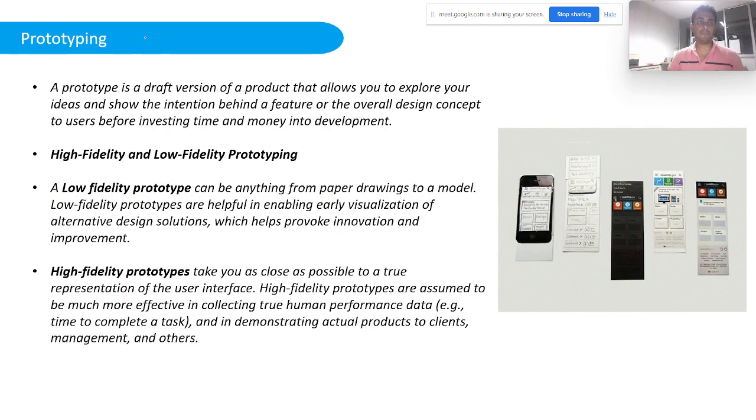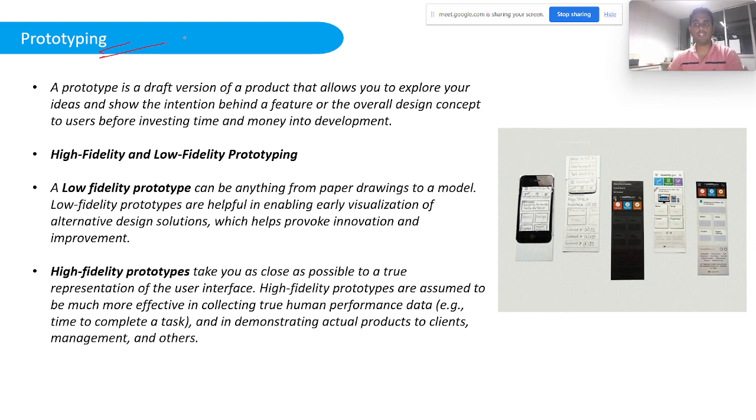Next is prototyping. Now prototyping is again the next level where you try to see whether your solution is actually viable, whether your solution is feasible, and you also try to user test your solution. So for that you need some level of more concrete concepts which are tactile in nature.